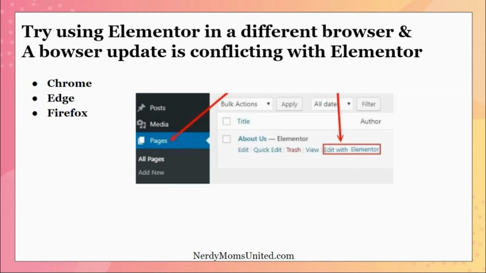And to do that, you just open up your WordPress dashboard in Edge or Firefox, and then you just click on the Pages link, and then find the page you want to change and click on Edit with Elementor. If your Elementor loads right up, then you know it's an issue with the Chrome browser or the browser you previously were using.